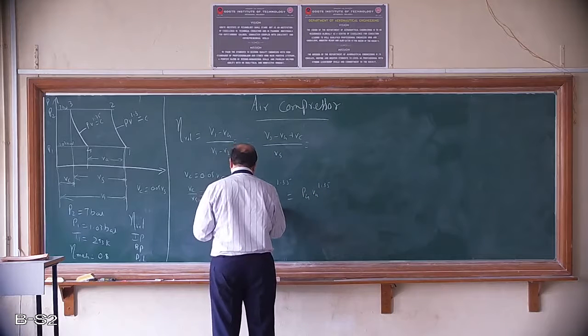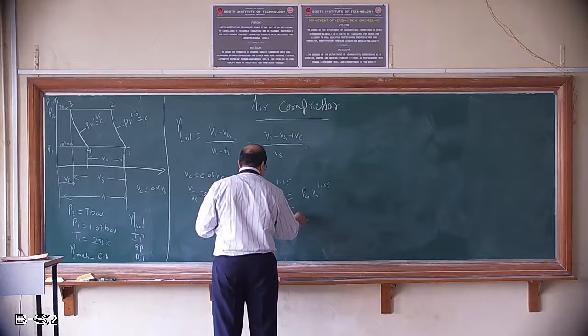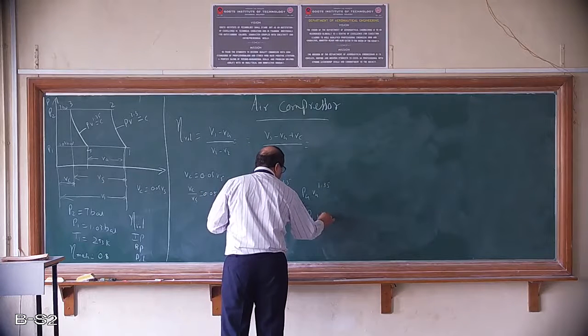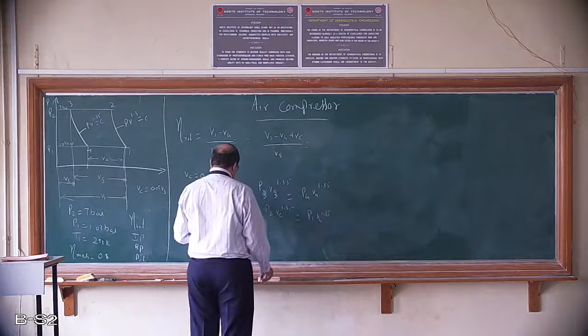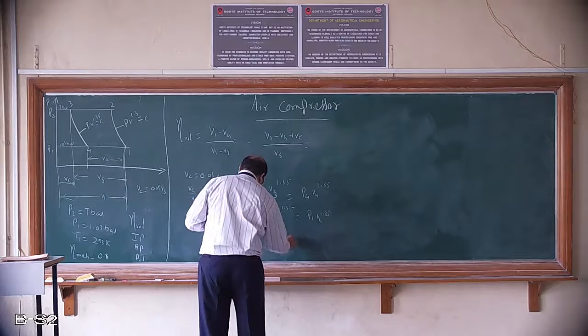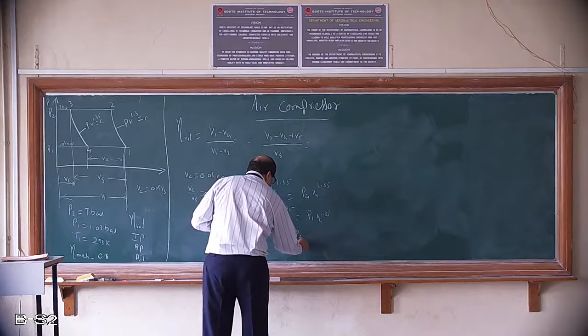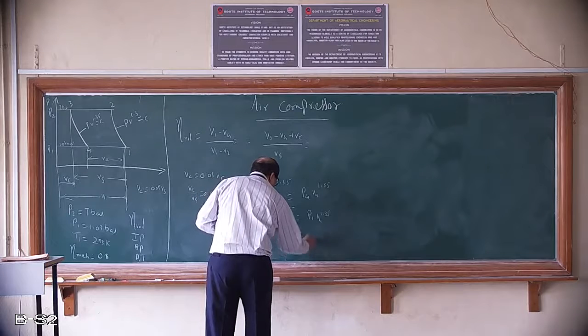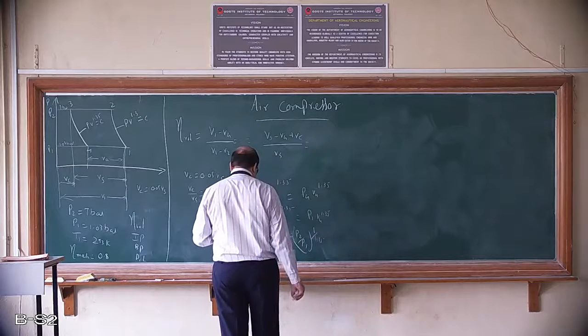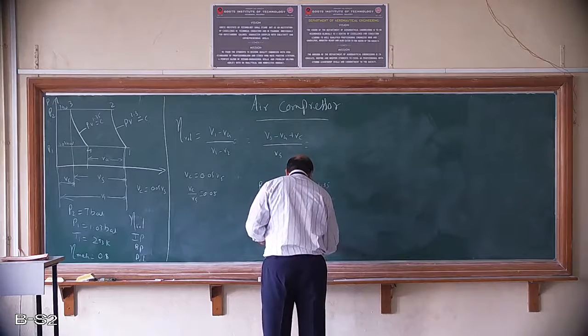So P3 is P2 VC to the power of 1.35 and this is P1 V4 to the power of 1.35. So this can be written as V4 by VC of P2 by P1 into 1 by 1.35. So we know that.